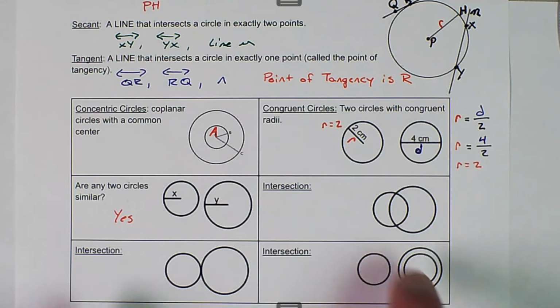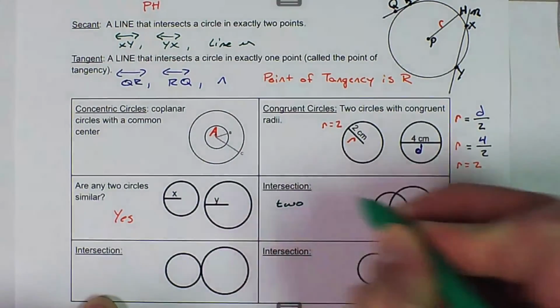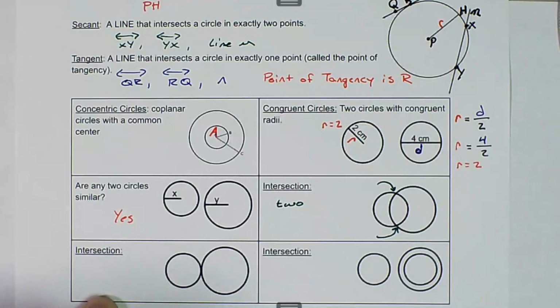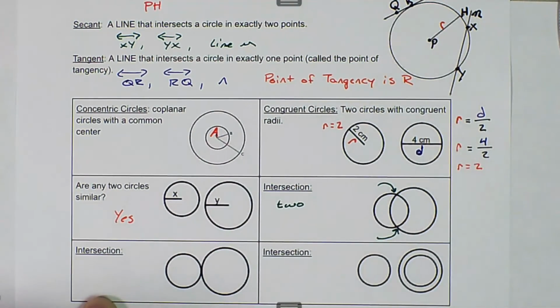Then we can look at intersections. Here we have two circles, and in this case, we have two intersections. We can see that one intersection is right here, and one intersection is right there. Then we have how many intersections on this one, and in this case, we just have one intersection.